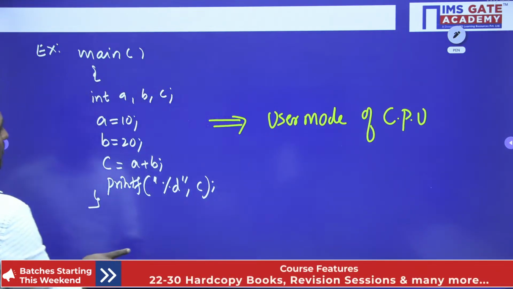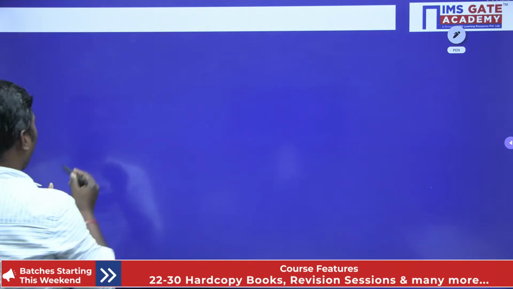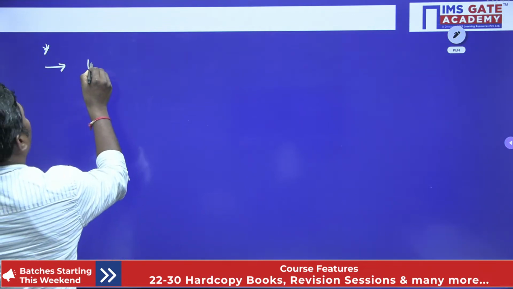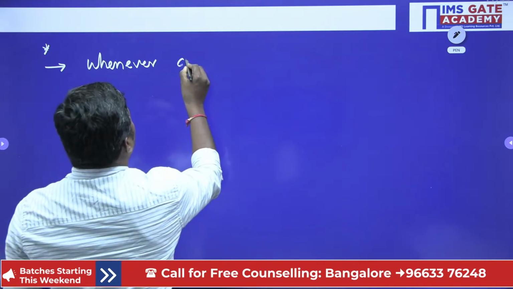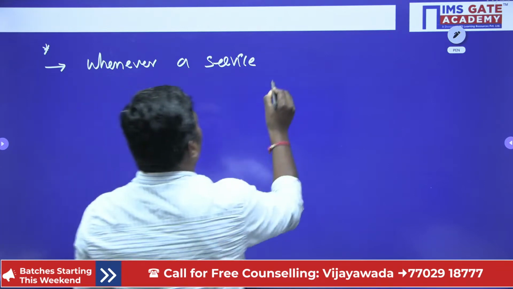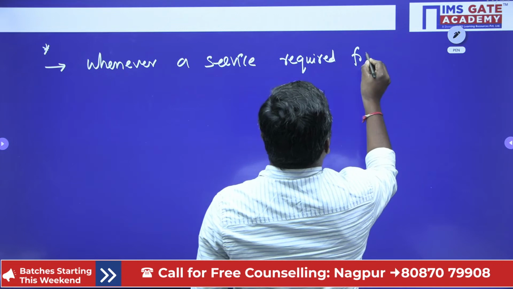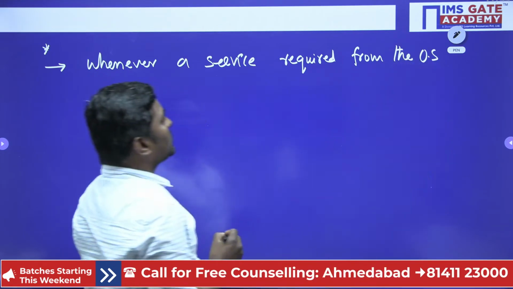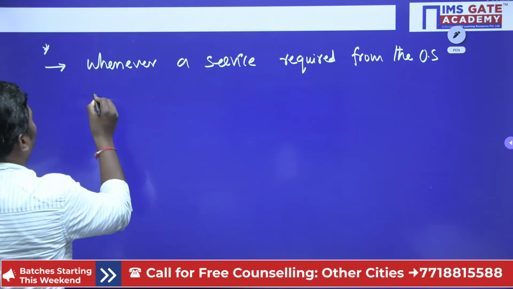Now I am marking the point. This entire code will run where? In user mode of the CPU, user mode only. Now I am writing the point here. A very important point you can understand. Whenever a service is required from the operating system, how to take the service?